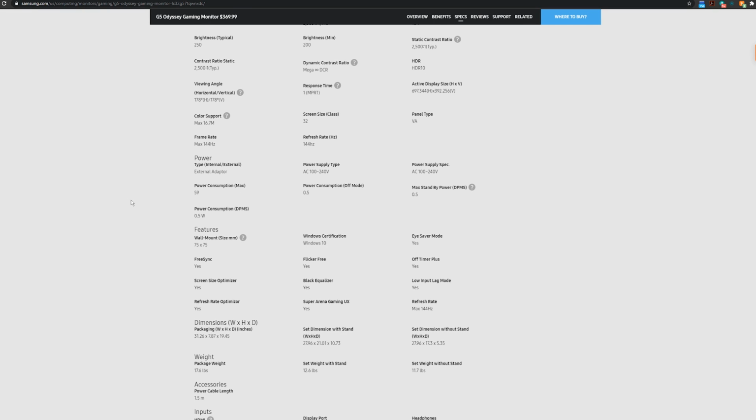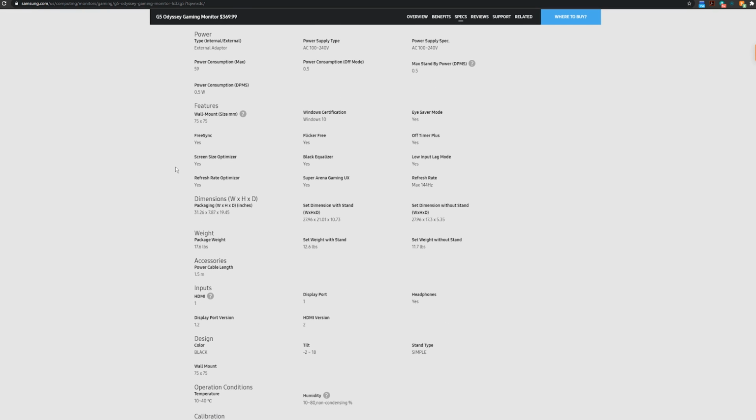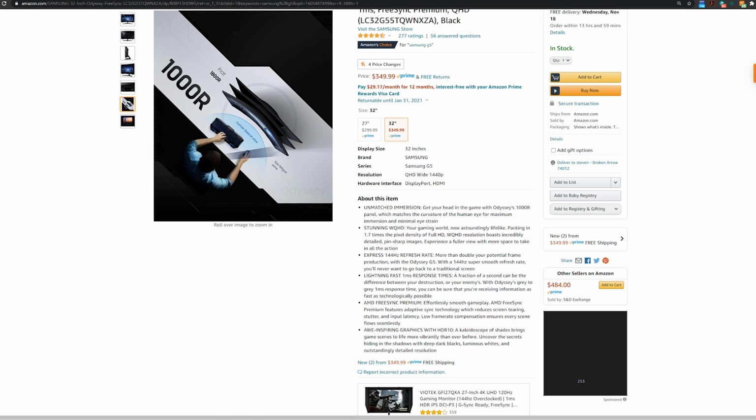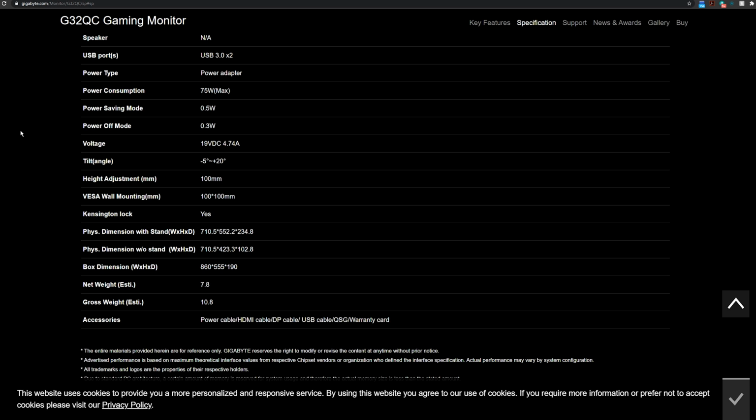The G5, don't know if it has it on here, 75 by 75, although when I did mine, make sure that if you do get an arm, it has the ability to do 75 or 100. So I switch out my monitors, and that is a huge plus for me. I didn't get a DP cable when I got my G5, but somebody actually, and I mentioned that in the review, let me know that theirs actually came with one. So maybe mine was just a fluke and it didn't have that.